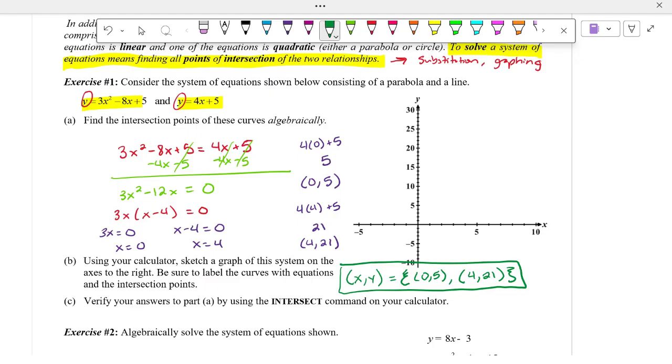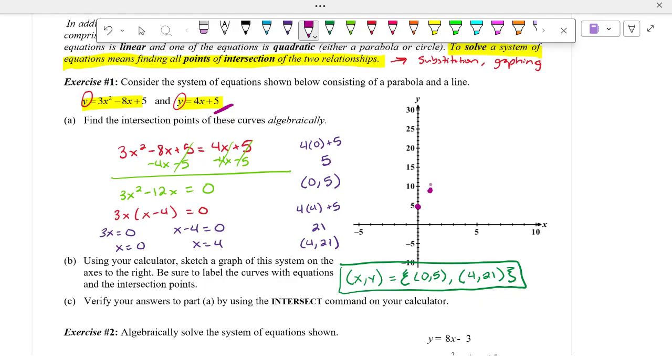Now, let's do a quick graph of this. So I'm going to graph the linear first because that's definitely easier. So if I do that, we know my y-intercept is 5. What's my rise over run? So what's my slope? 4. So my rise over run will be what? 4 over 1. So up 1, 2, 3, 4 over 1.